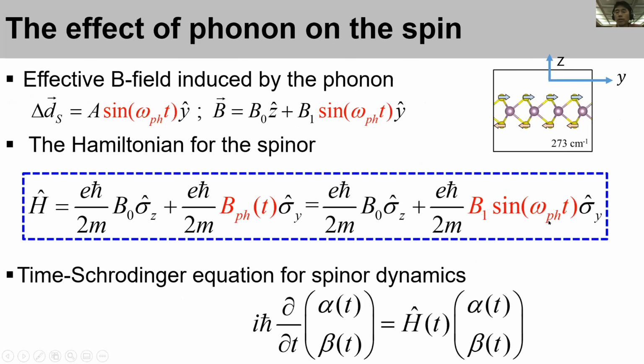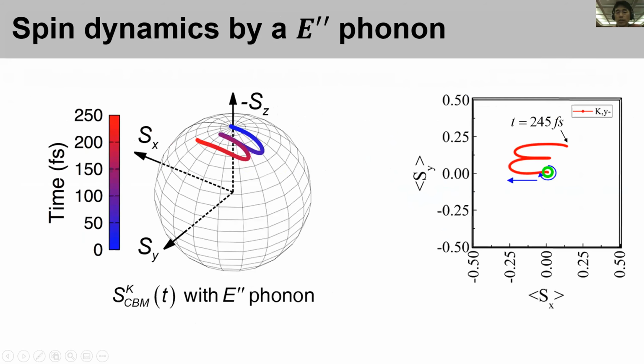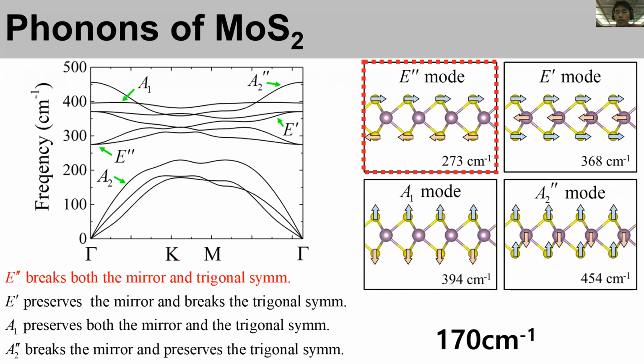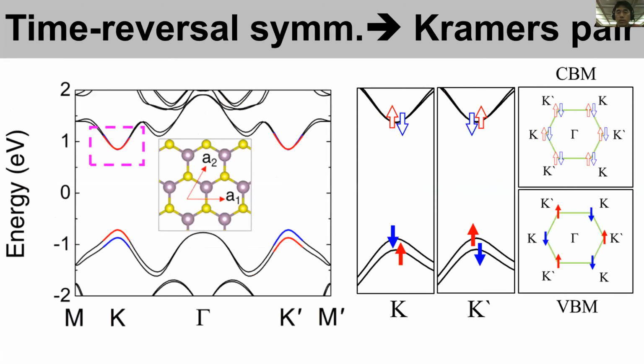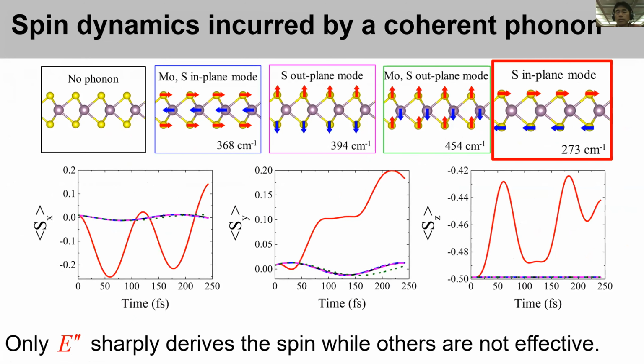But what we calculate is that we didn't apply the magnetic field. We just calculate the electron spin in response to the atomic vibration through the SOC.